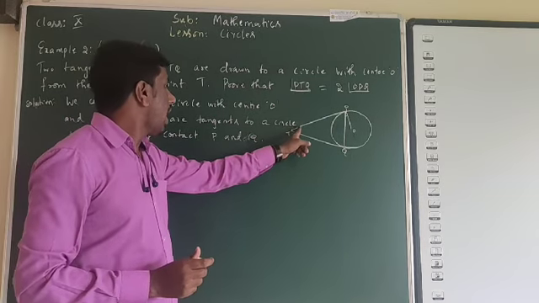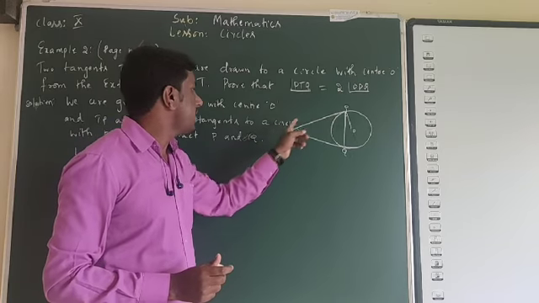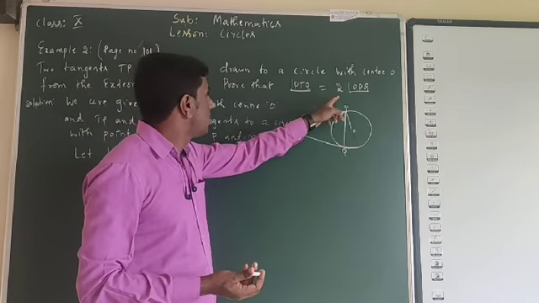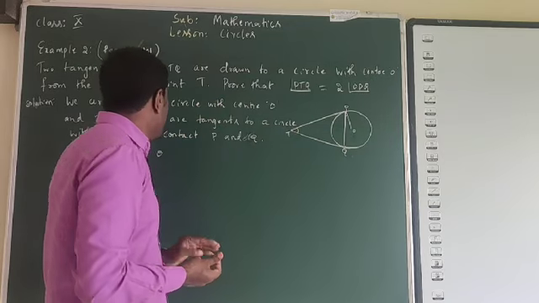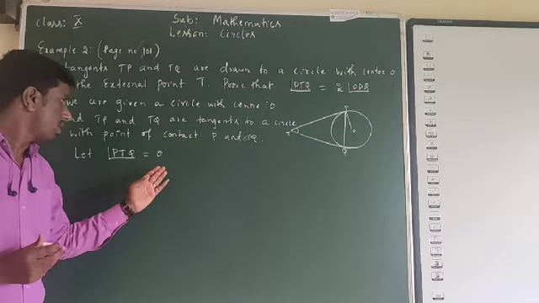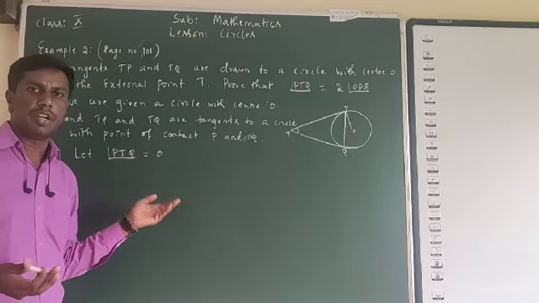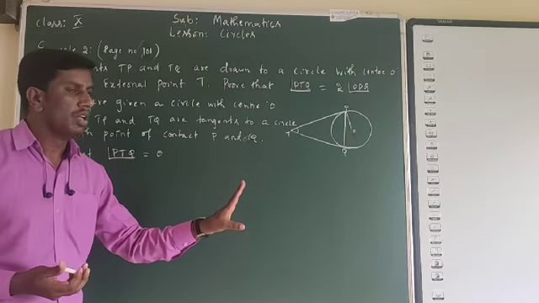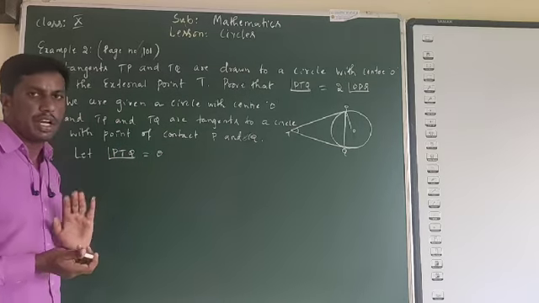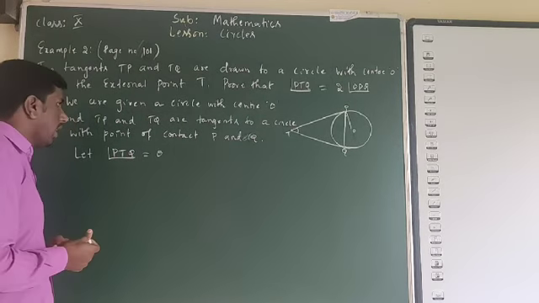What is the angle between these two tangents? We don't know that. In fact, we need to prove that it is equal to 2 times OPQ. So therefore, I will define it as theta, some angle, whether it may be 30 degrees, 40 degrees, whatever it is. But it must be equal to 2 times OPQ. Therefore, I am defining it as theta.